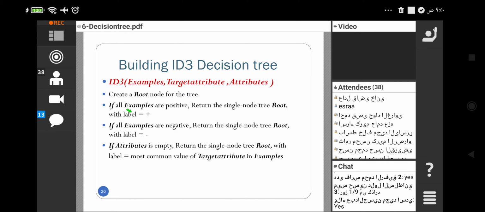Or if all the examples are negative, we say the node that we created is a leaf node, the label is negative, and we end the decision tree at that point.